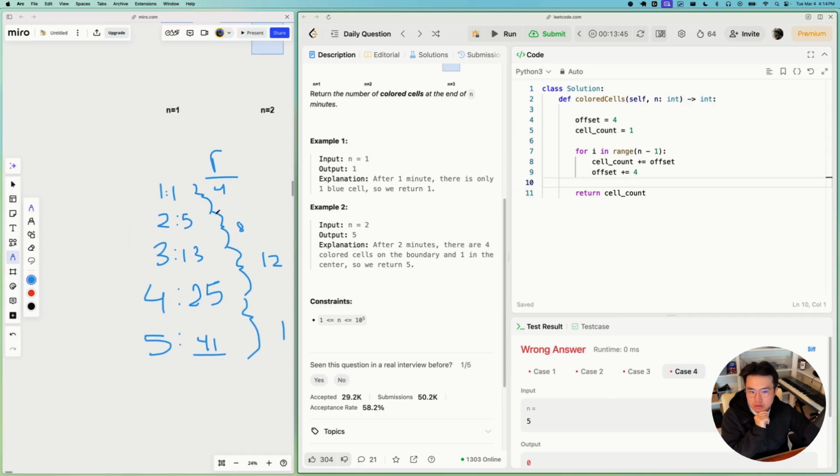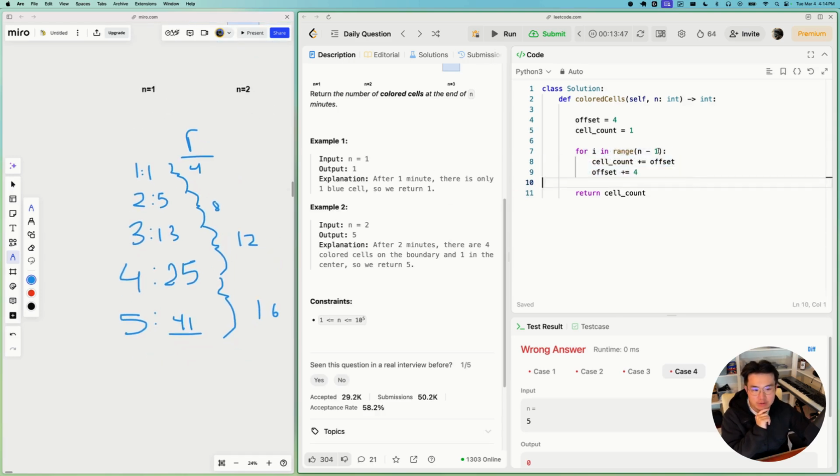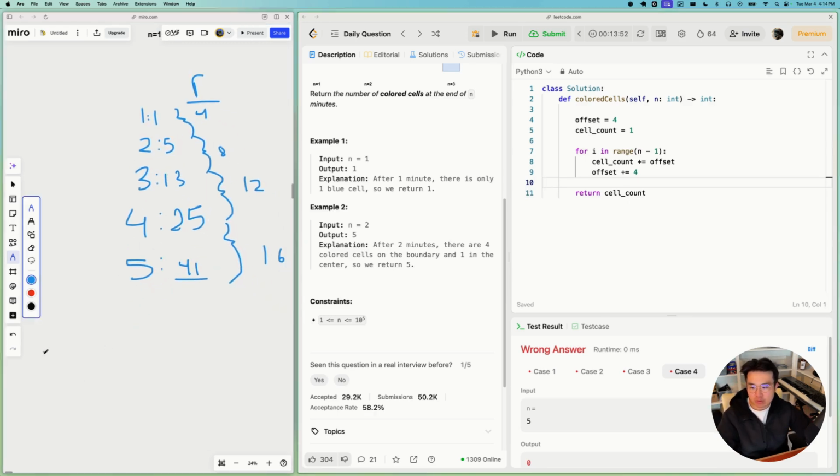Because I don't know if my ranges are correct, let me just run through what happens when n is 3, okay? So for i in range 2, it's going to go 0, 1, 2. It's going to run 3 times.